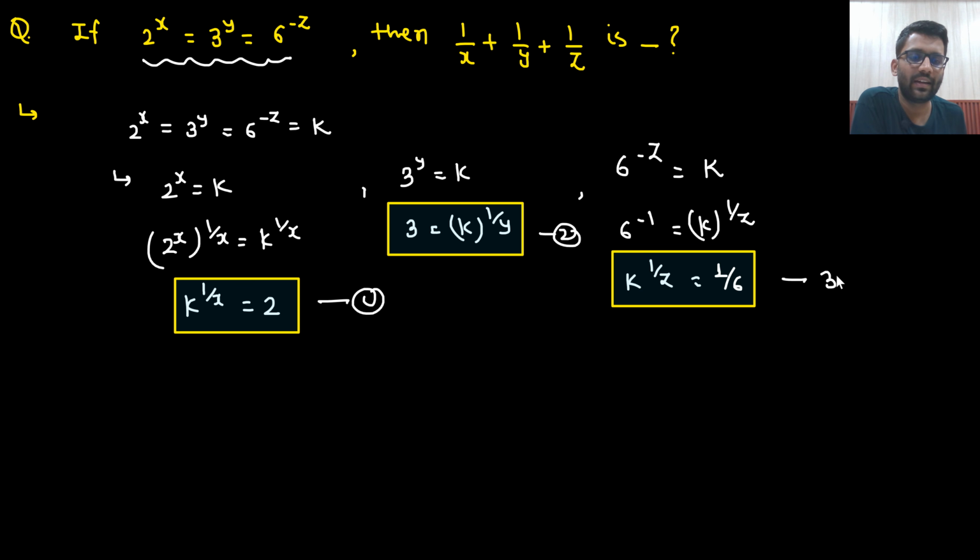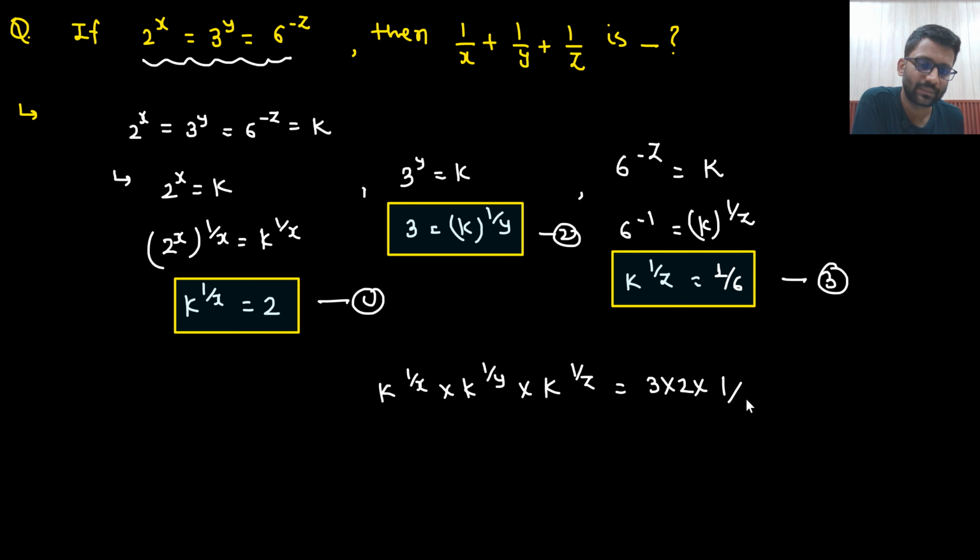I need all three to be in addition. So what I can do is multiply all three equations. What will I get? k to the power 1 by x into k to the power 1 by y into k to the power 1 by z, and that would be equals to 3 into 2 into 1 by 6. Base same, power different, power can be added, right? a to the power m into a to the power n is a to the power m plus n, right?